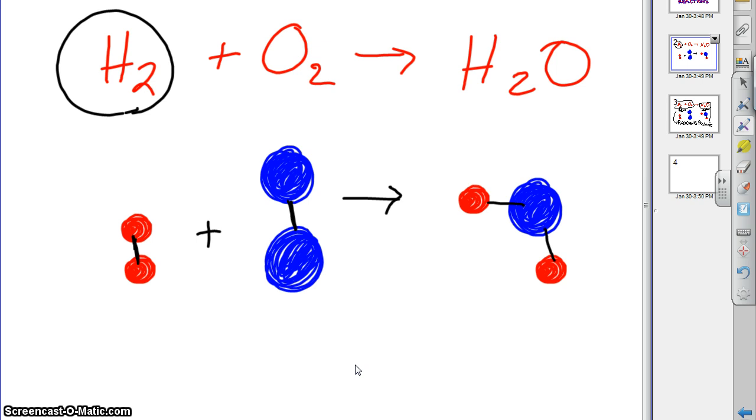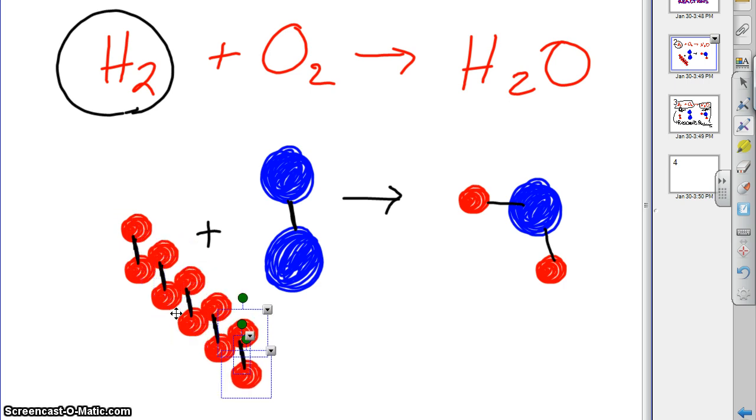Remember, this reaction does not tell us how many hydrogens, how many of these double things, we can have. If we wanted to, we could start with another one, or 3 or 4 or 5, or however many we need.